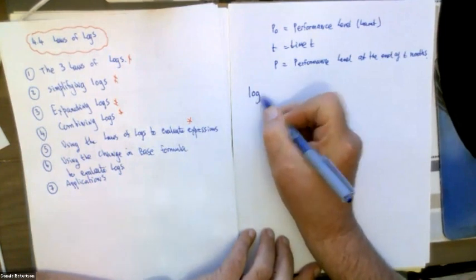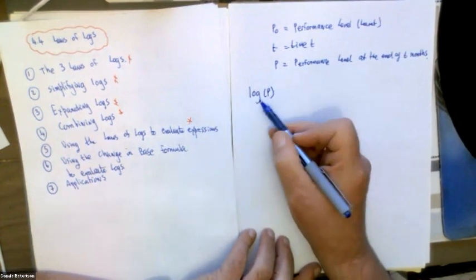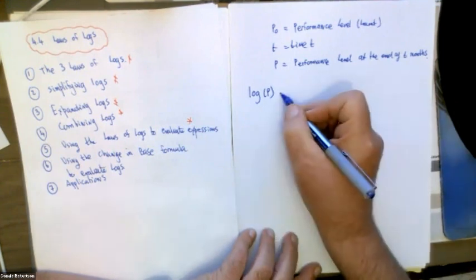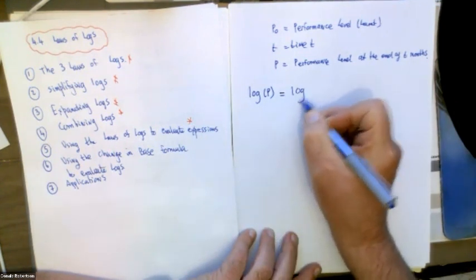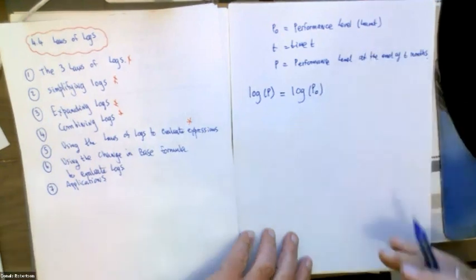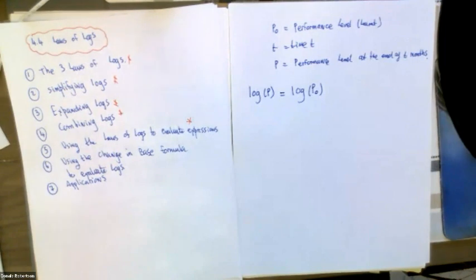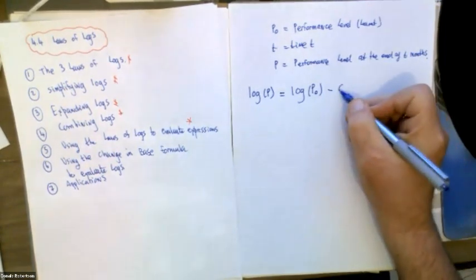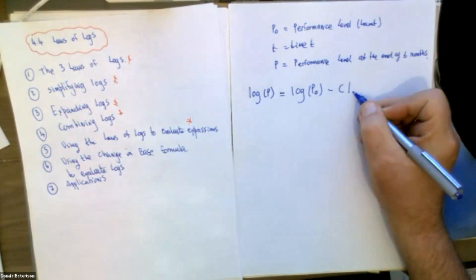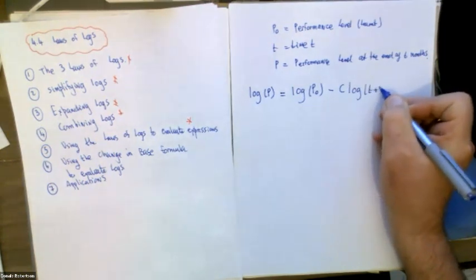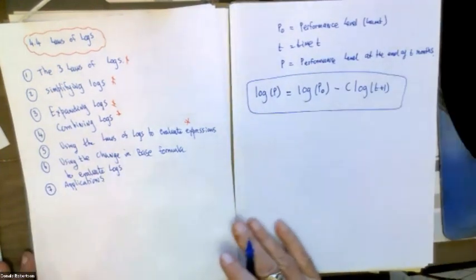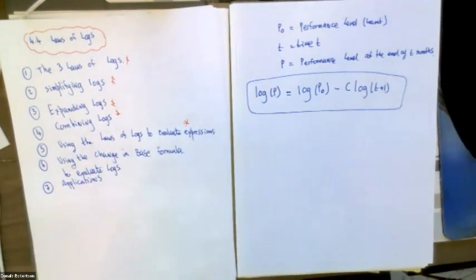And the formula tells you that the log, to base 10, of your performance level after t months is the same thing as the log of your performance level at the start when you've reached your best recovery, take away C times the log of t plus 1. So there is the horrible log function.